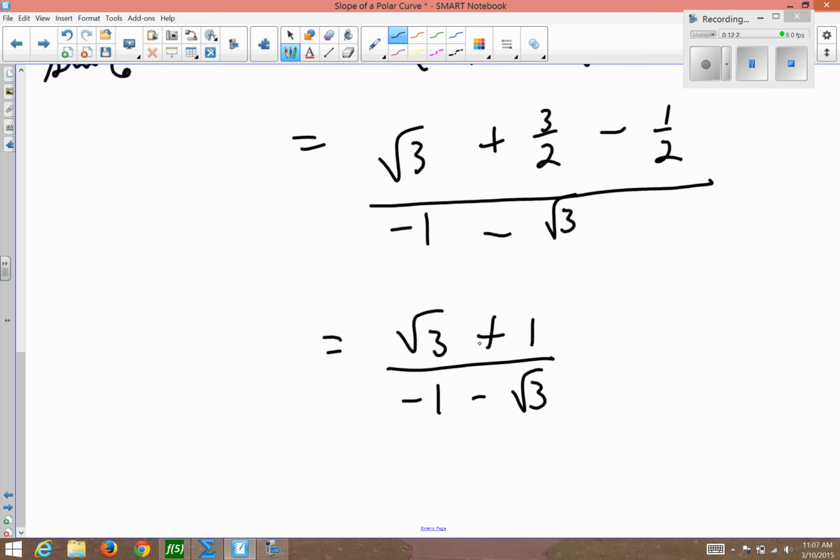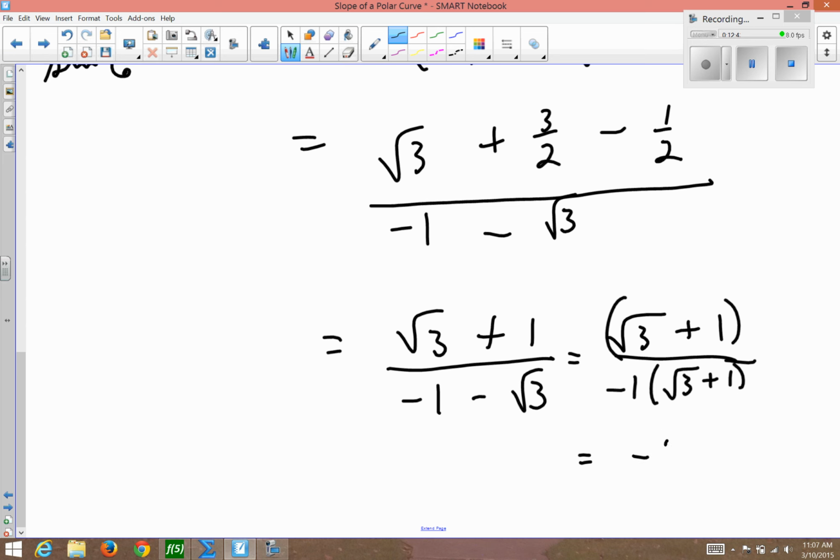So the numerator and denominator here are called opposites. Anything divided by the opposite is equal to negative 1. That's the answer.